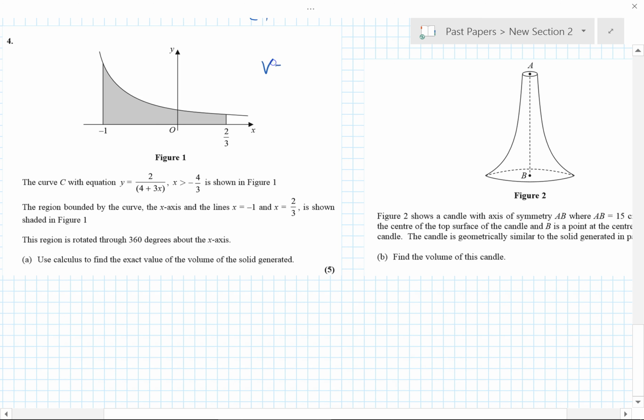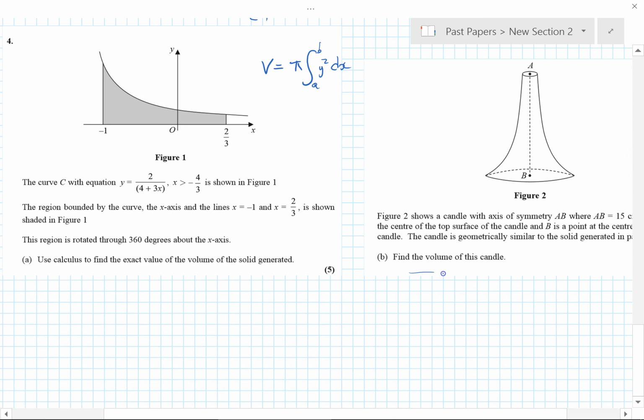We know that the volume of a revolution is pi times by the appropriate limits, times by y squared dx. So that's the volume, and so the first part's going to be pretty straightforward.